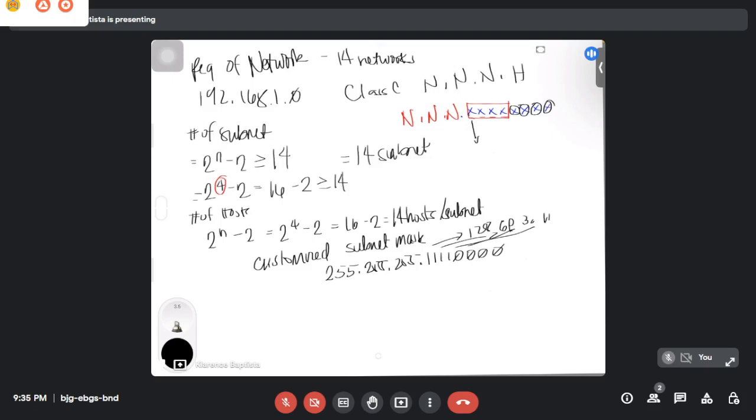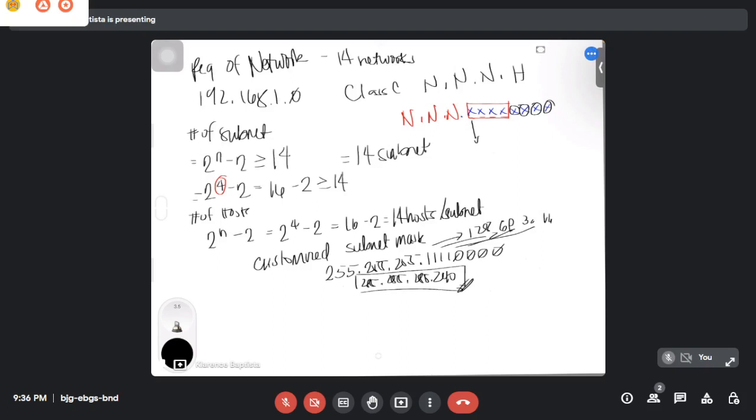Yun yung equivalent value niya into decimal. So, pag pinag-add po natin lahat yan, the value would be 240. Okay? So, we have 255.255.255.240. Ito po yung customized subnet mask natin.